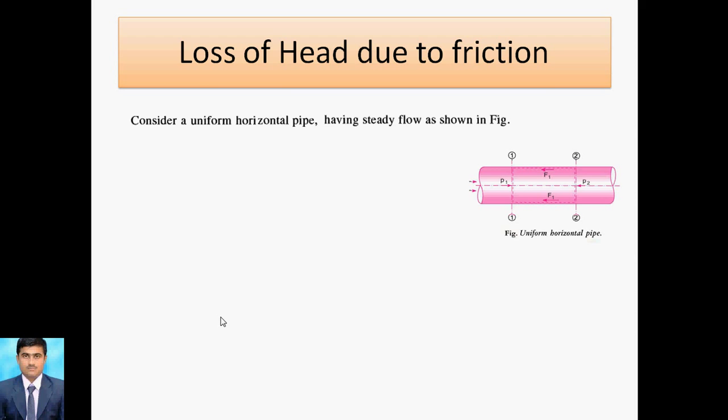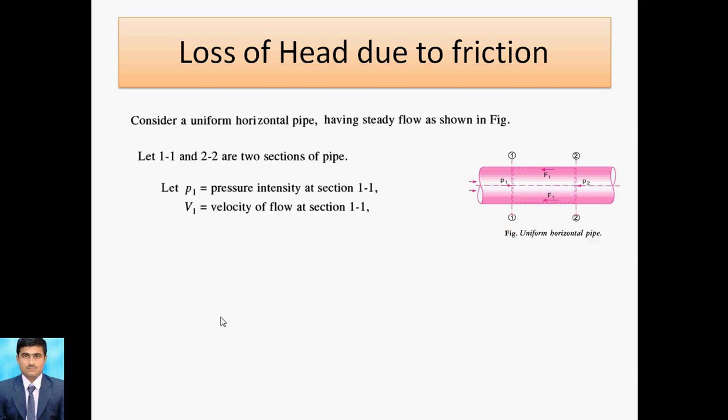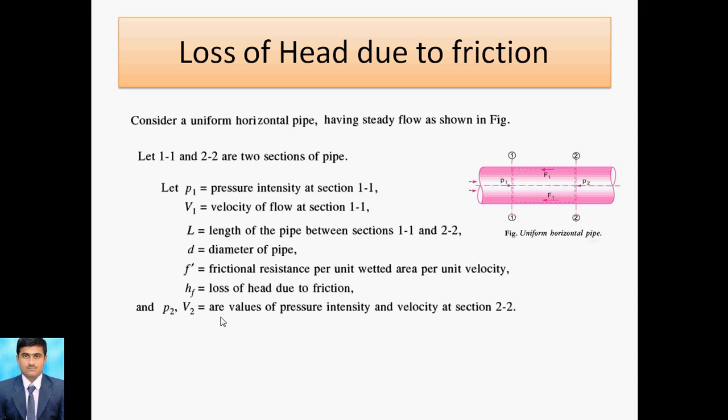First of all we consider a uniform horizontal pipe having steady flow, with section 1-1 and section 2-2 at the sides. P1 is the pressure intensity at section 1 and V1 is the velocity at section 1. L is the length of pipe between section 1 and section 2.